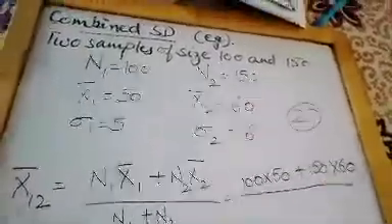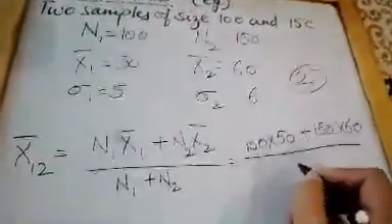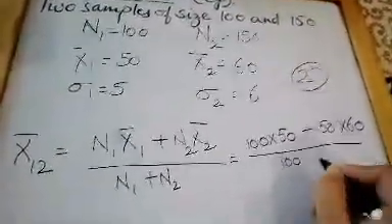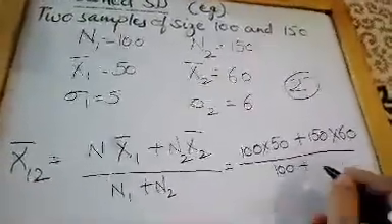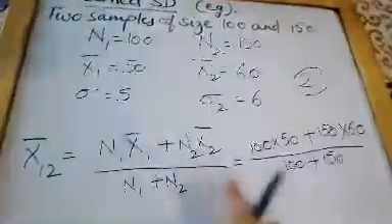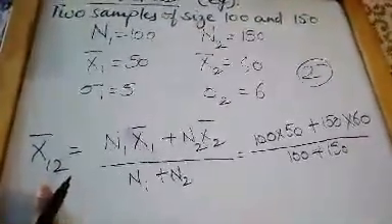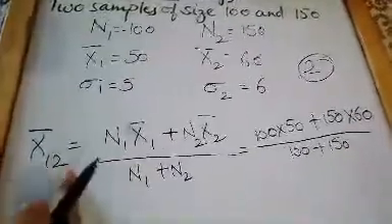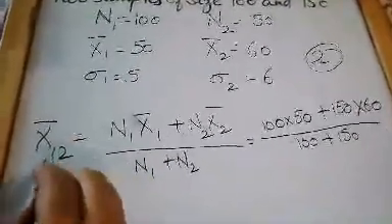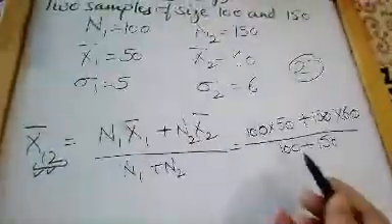And we have to divide it by n1 plus n2, that is 100 plus 150. So children, all these values I have used to calculate my combined mean, x bar 1 2, the combined mean of group 1 and group 2. Now I'll calculate it further.